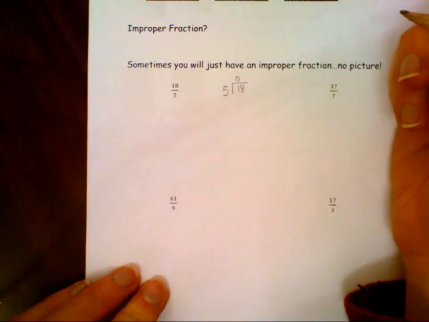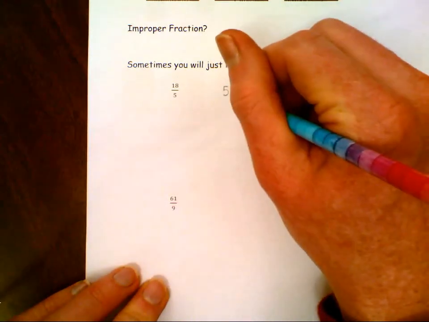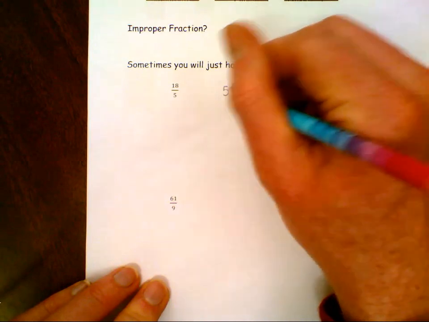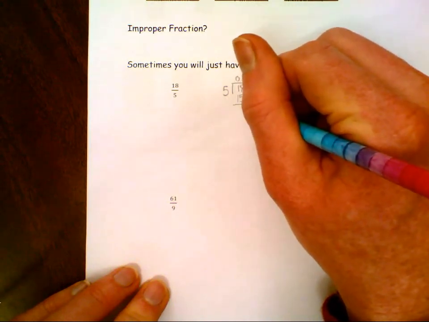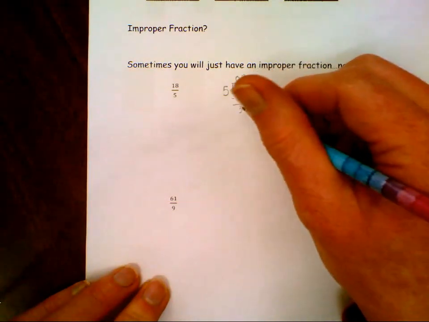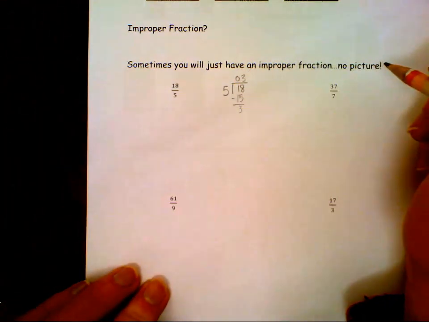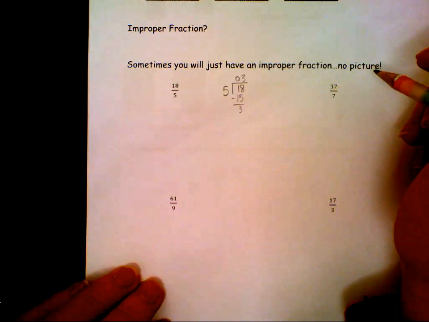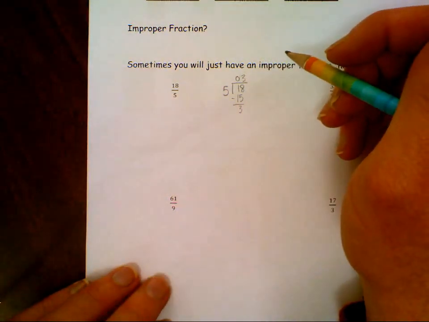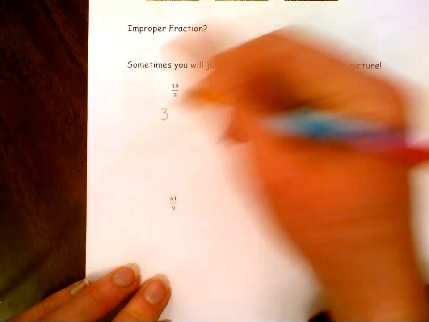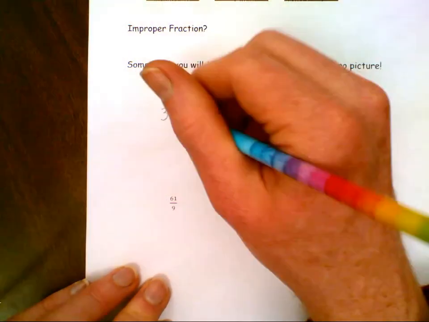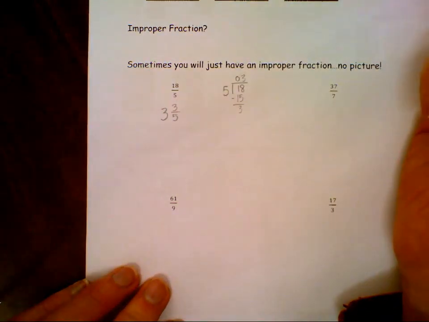And I know 5 does go into 18 3 times because 5 fits into 15. I subtract, and that leaves me with 3. When I have a remainder, that is what goes in my numerator for my mixed number. The quotient up on top gives me the whole number. So I have 3. The denominator stays the same. And 3/5.